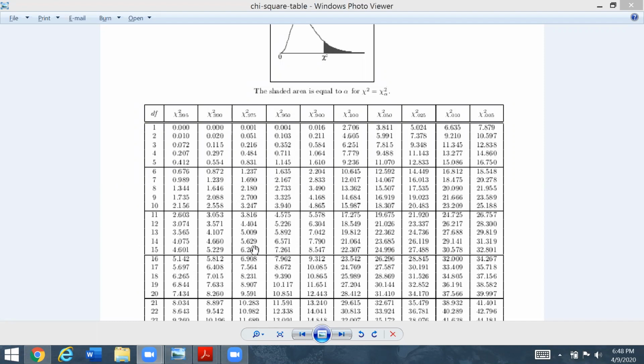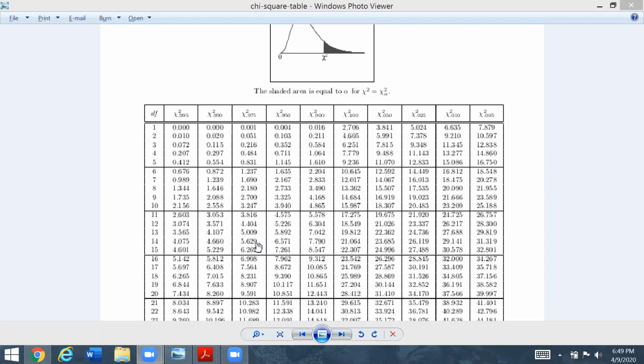The value is 5.629. Okay, so chi-square left, this is the left tail, 5.629. Clear to everybody? I hope you have got this concept to consider the table.